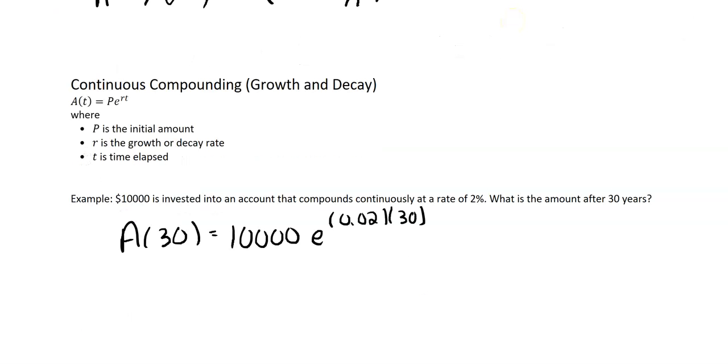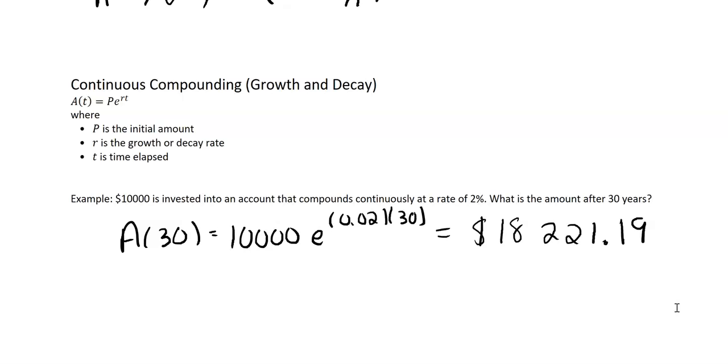Now, that gives us $18,221.88. Your bank probably wouldn't round up, but I'm going to round up for you so you can have an extra penny. But that's an extra, maybe, $8 or so? So that's continuous compounding. That's normal compounding.